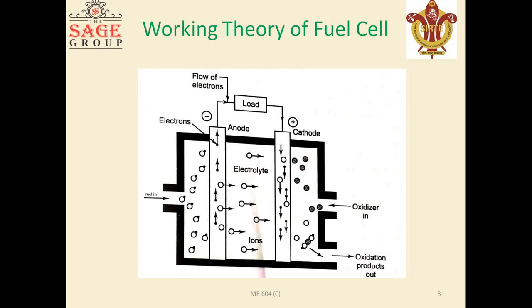Of the available fuels, hydrogen has so far given the most promising results, although cells consuming coal, oil and natural gas would be economically much more useful for large scale applications. So this is the simple working of a fuel cell, and we will discuss one specific kind of fuel cell in detail later.